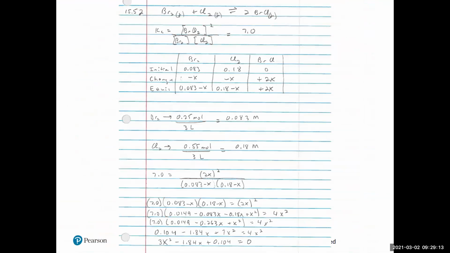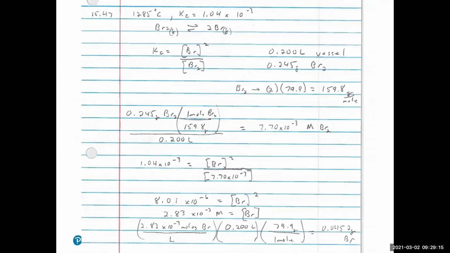Okay, let's do 47. So in 15.47, we're told that we have Br2 going to 2Br.